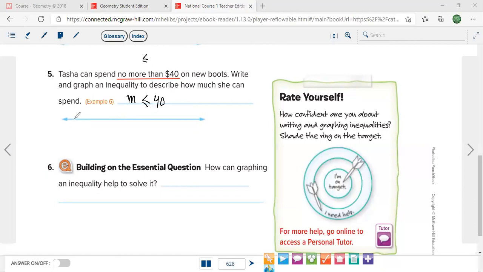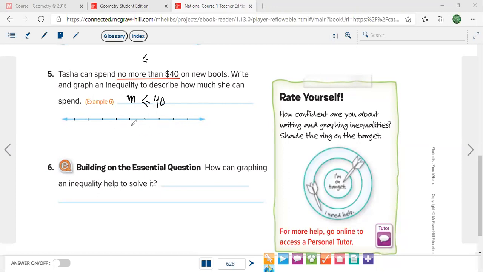Now we need to take equidistant distances on the number line. Also, you can make a scale.